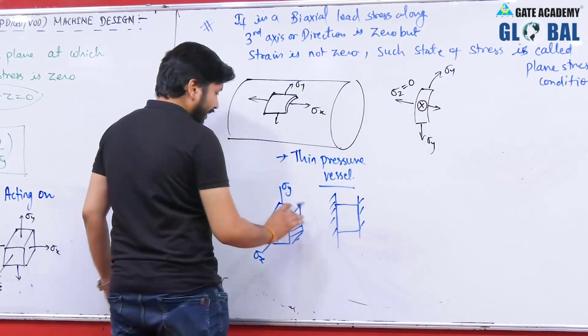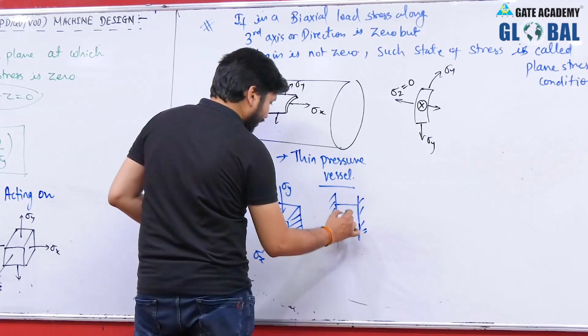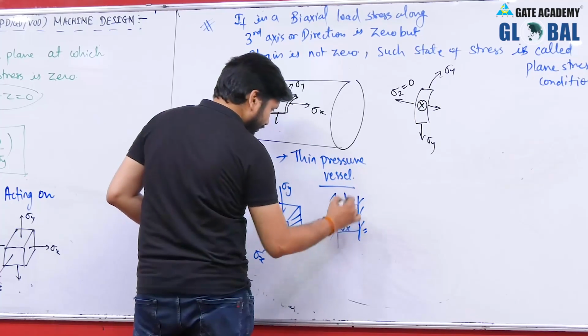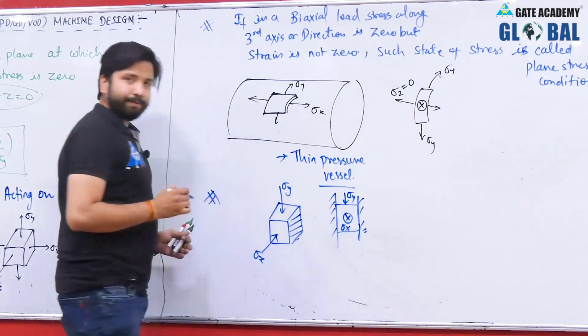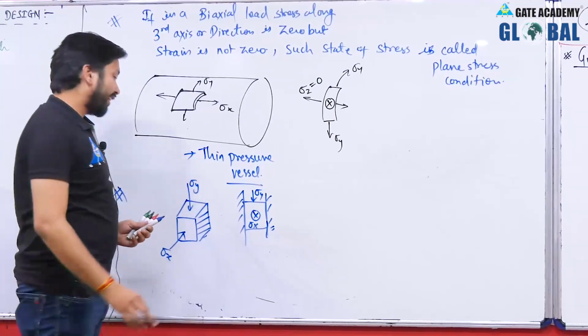So, here if there are stresses acting on the body, this is sigma x, this is sigma y, and there will be strains associated with these stresses.